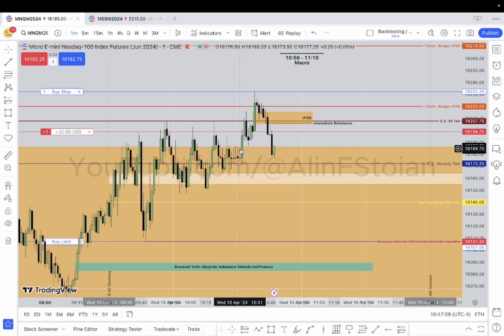I would like to see the market only trade into its lower half. We also have a market structure shift here. And we also entered the daily buy side imbalance, sell side inefficiency.